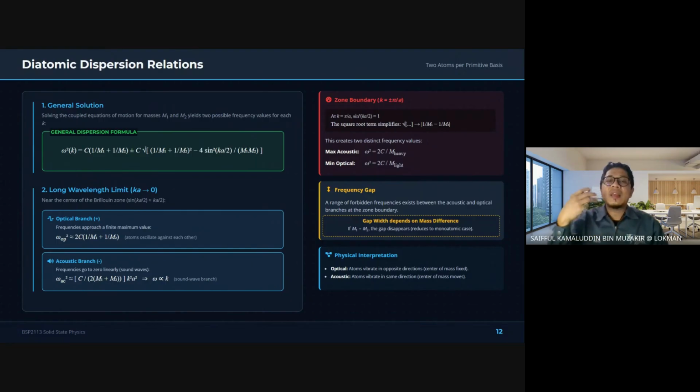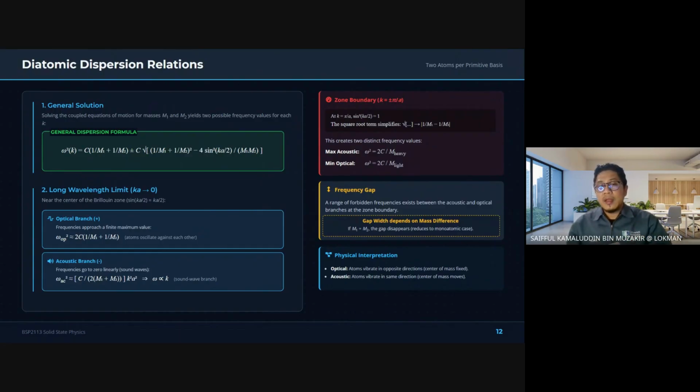So it behaves like acoustic. K equals 0, wavelength 0, its frequency is also 0, just like acoustic, because the gamma point is the center of the FBZ, the first Brillouin zone. We always refer to that when we start to analyze.